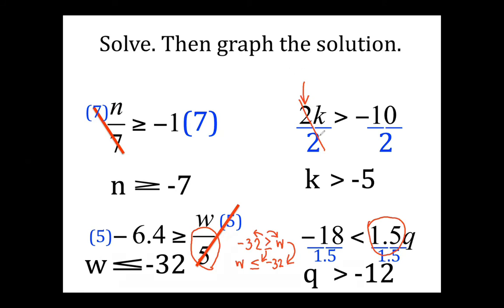And once again, you have your variable on the right, so negative 12 is less than Q. However, make sure, since you're graphing it, that you're making the variable on the left. So rearrange it by switching Q and negative 12, and then flip your sign to make sure that it's still an accurate inequality.